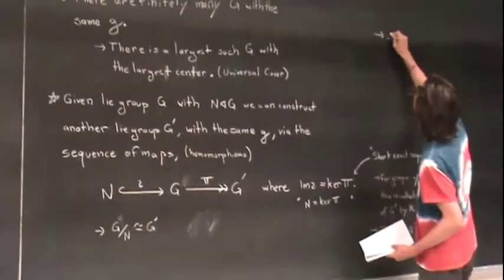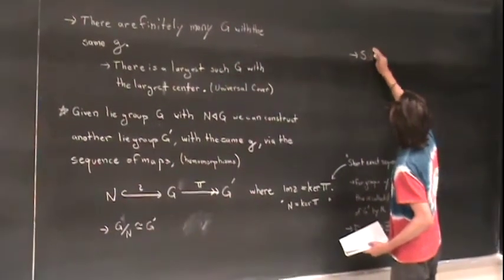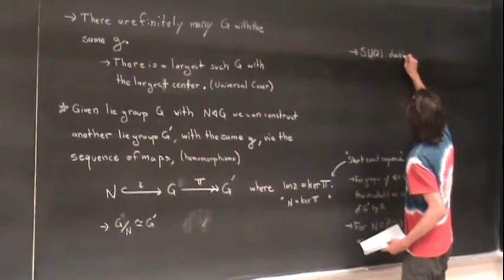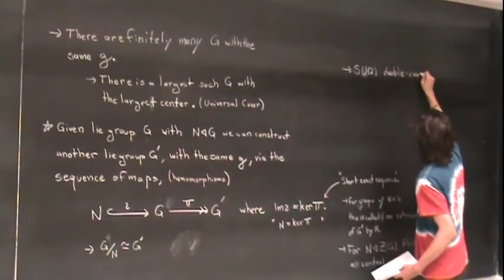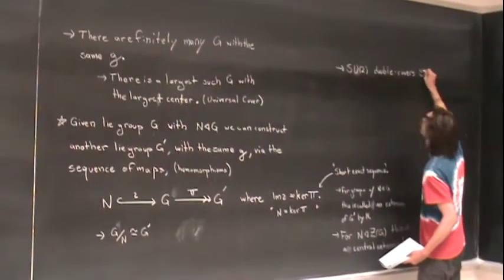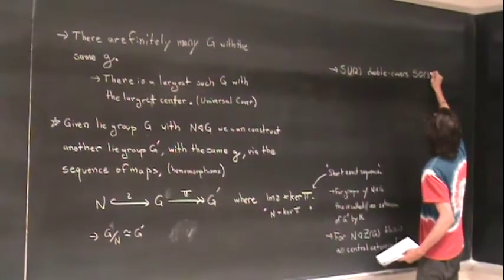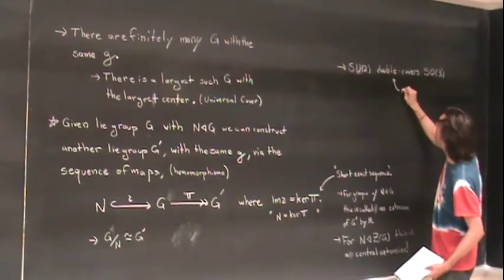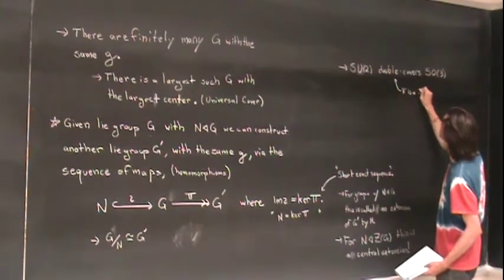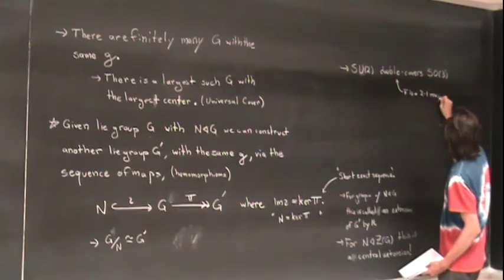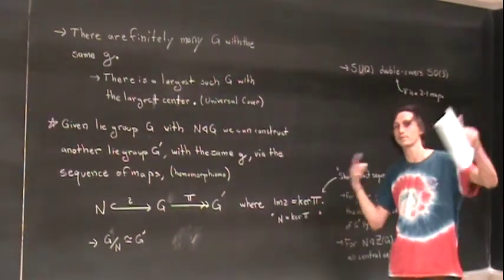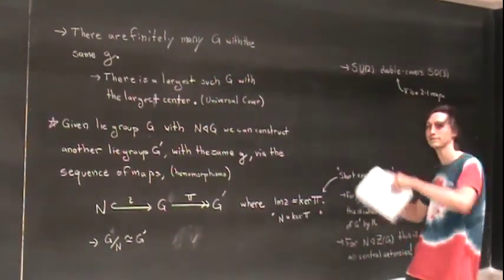And this is the fact that SU(2) double covers SO(3), where this double covering implies that pi is a 2 to 1 map, or homomorphism. So in a moment I will teleport through time and you'll hear me talk about this.